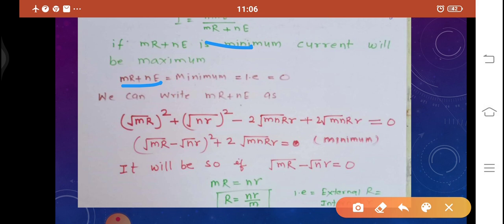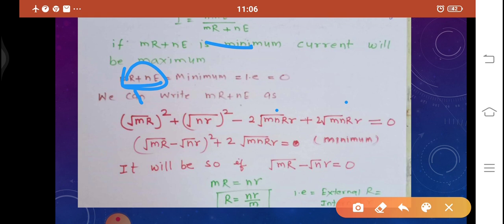We can write this step like this, using the square of a minus b: root of mR minus root of nr, squared, plus a term.